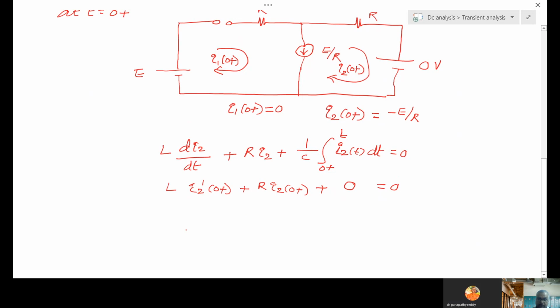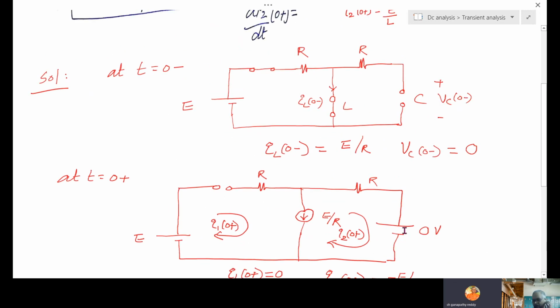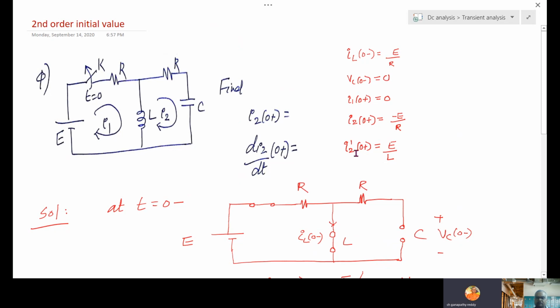Therefore i2'(0+) is equal to minus R times i2(0+), and i2(0+) is minus E by R, whole divided by L. So you get E by L. The purpose of solving all these problems is to get the confidence in how I am analyzing.